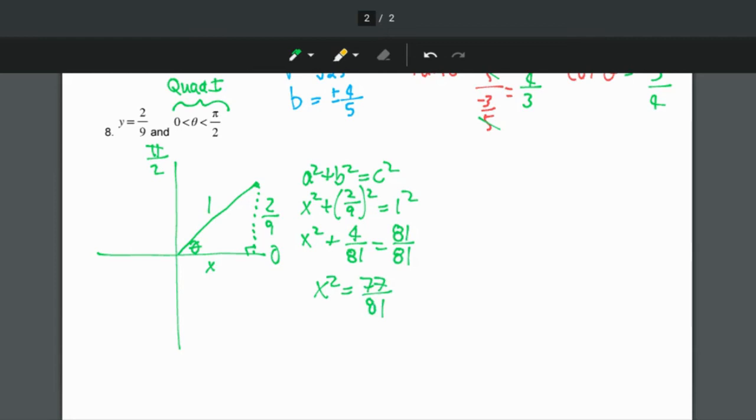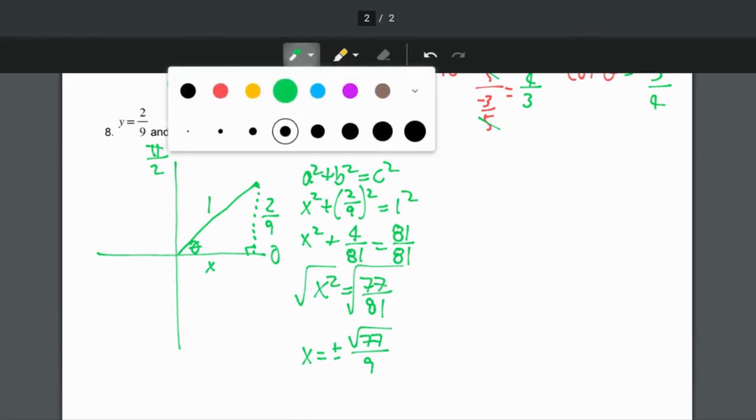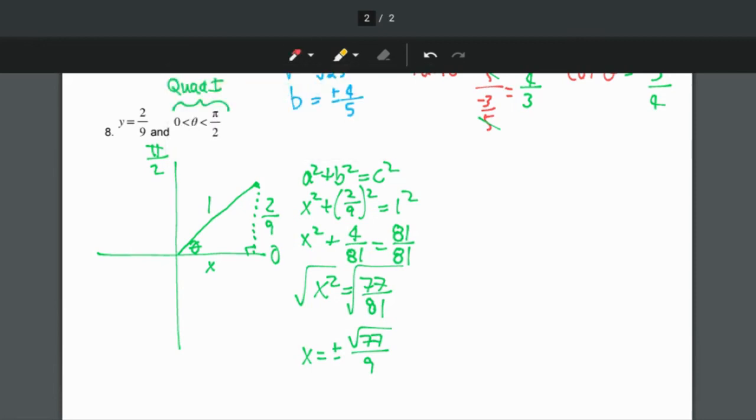And then I need to take the square root of both sides. And so I get root 77 over 9. But I could either have a positive or a negative. And since I'm in the first quadrant and I'm moving to the right, that would be a positive direction. So this would be positive root 77 over 9.